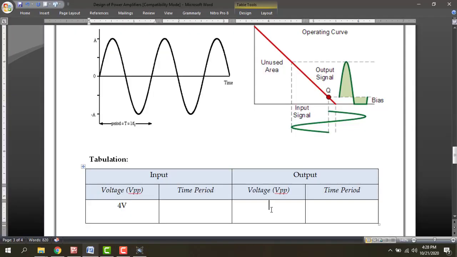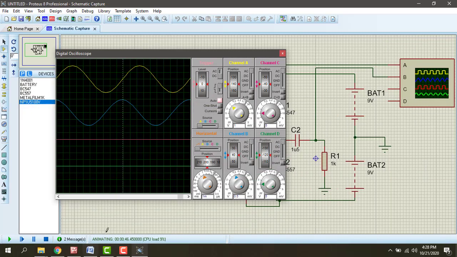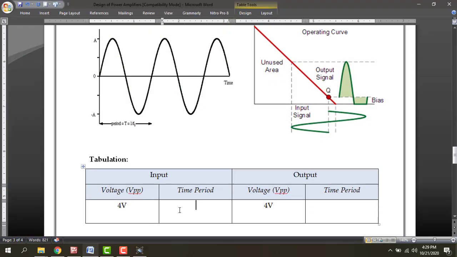The crossover distortion is eliminated, so there will not be any voltage drop. For the time period, the positive and negative cycle together consist of 10 boxes on the x-axis, 1, 2, 3, 4, 5, 6, 7, 8, 9, 10. 10 into 1 millisecond, so we have 10 milliseconds.